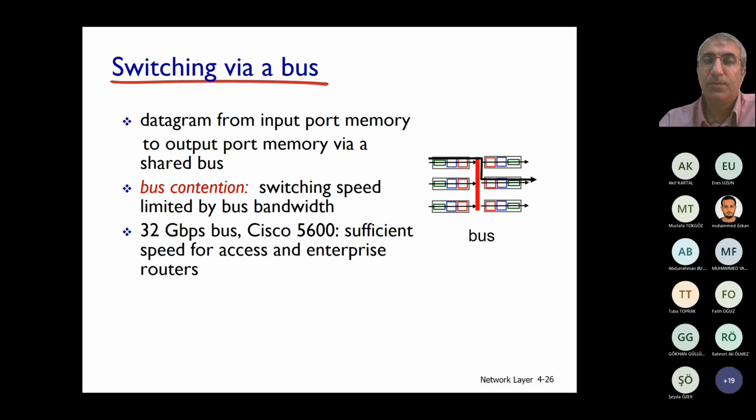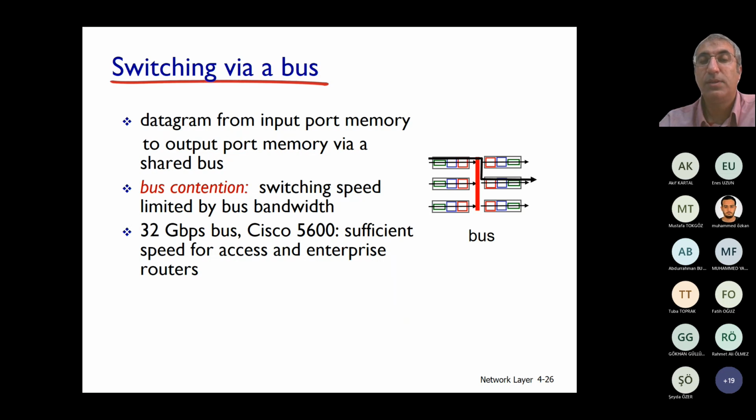But there are some problems with switching via memory, because it's limited by the memory bandwidth. In the bus-based case, the datagram from input port memory to output port memory is moved through a shared bus.